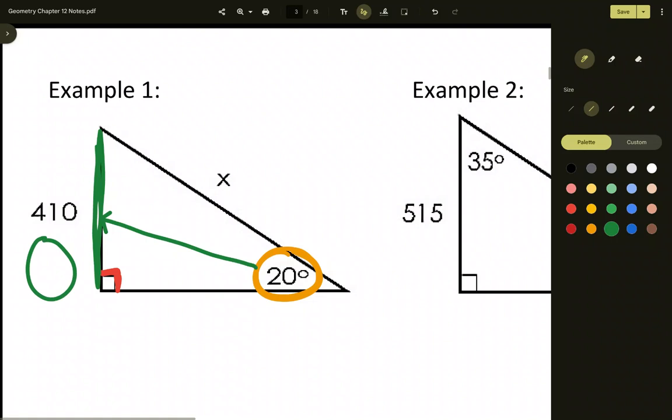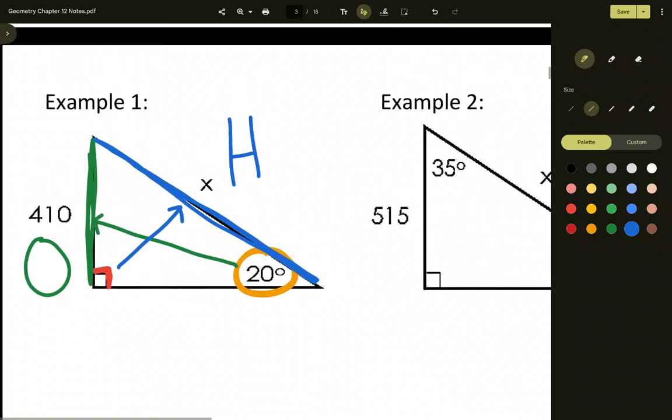So I'm going to put an O for opposite. I can see the X length right over here. And that is across from the 90-degree corner, which makes this the hypotenuse. Now the other side doesn't have anything listed, so I don't need to worry about it.